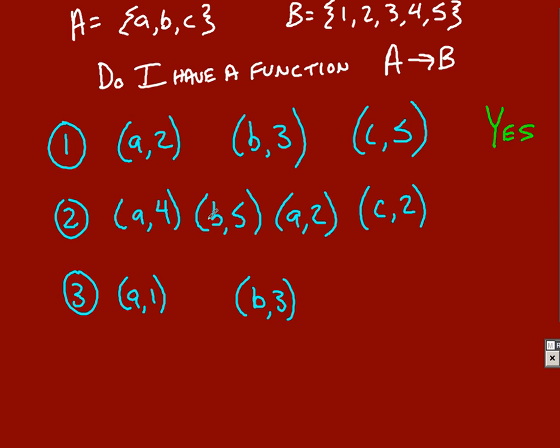In this one, they're all being sent somewhere. However, A is being sent to 2 different places. So because of that, no, this is not a function. We can't be sending it to 2 different places. And in number 3 here, this also is no, because even though things are being sent only one place, C is not being sent anywhere at all. So we do not have a function.